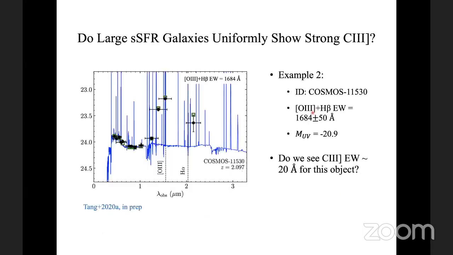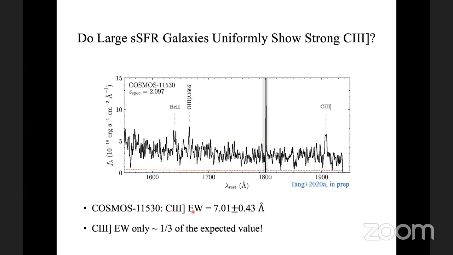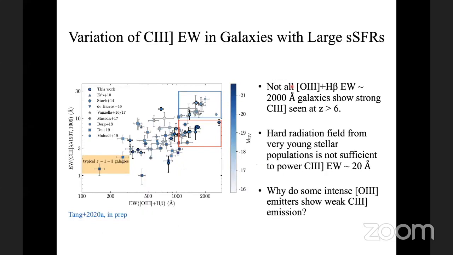Here I'm showing another example with O3 plus H beta equivalent width of about 1700 angstrom. And also, we found the carbon-3 equivalent width is only about 7 angstrom. So from these two examples, we see that there's a very different population from what we heard from Ramesh, that not all the galaxies with extremely large O3 plus H beta equivalent width have strong carbon-3 emission.